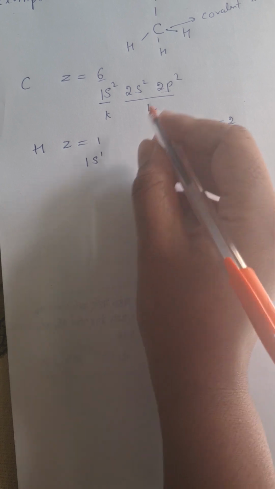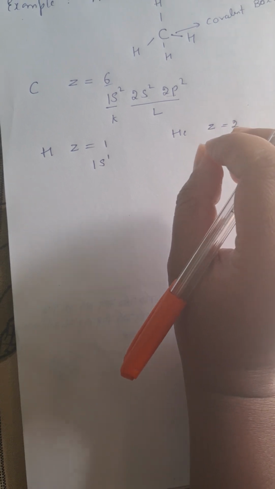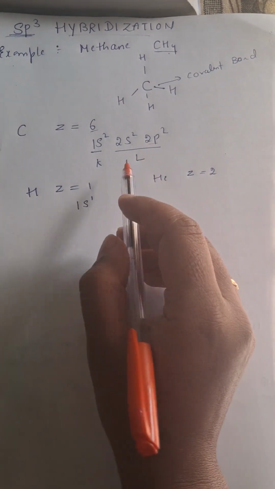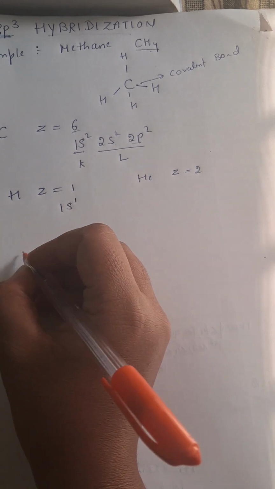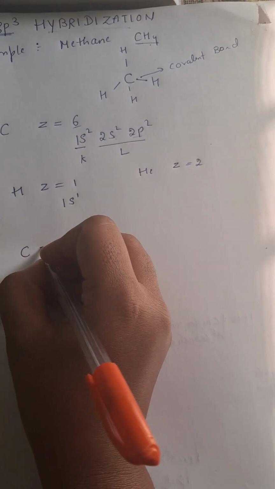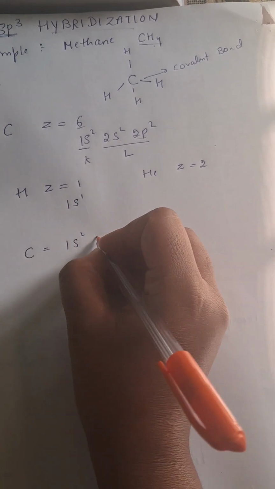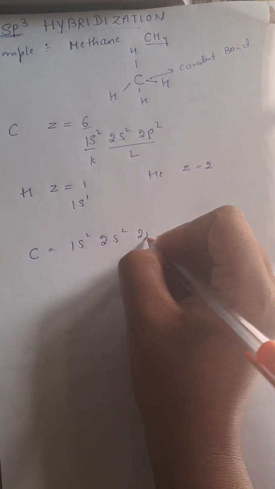So now let's see how this hybridization takes place. Intermixing of atomic orbitals is called hybridization. Let's take carbon, with configuration 1s2, 2s2, 2p2.